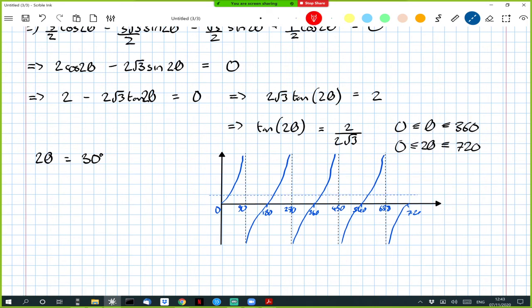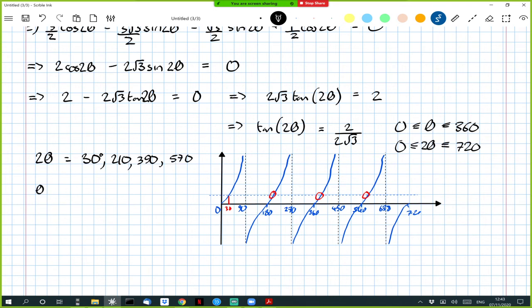So first one's at 30 degrees. Second 180 plus 30, 360 plus 30, 540 plus 30. So the solutions are 30, 210, 390, and 570 for 2 theta.